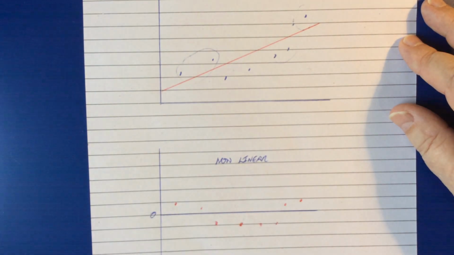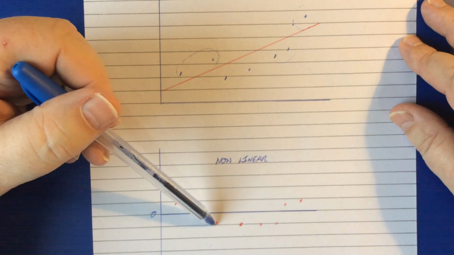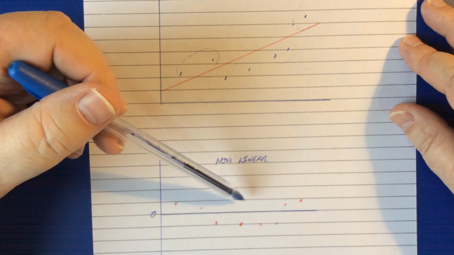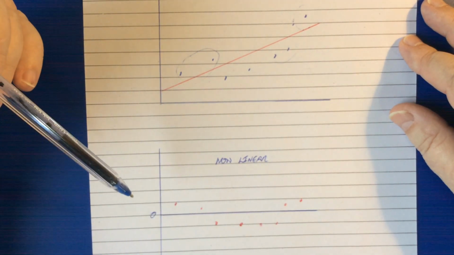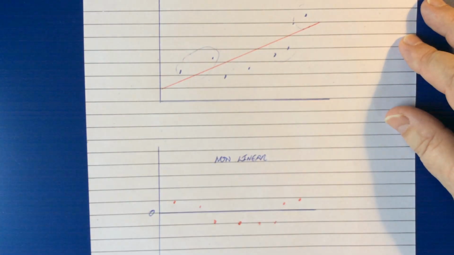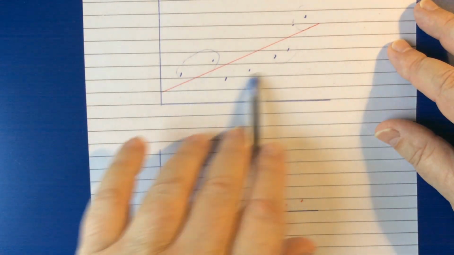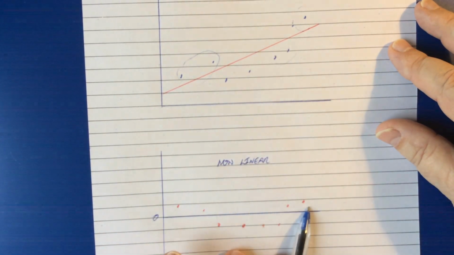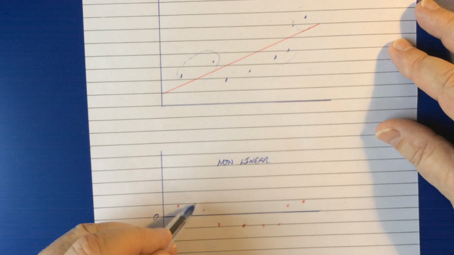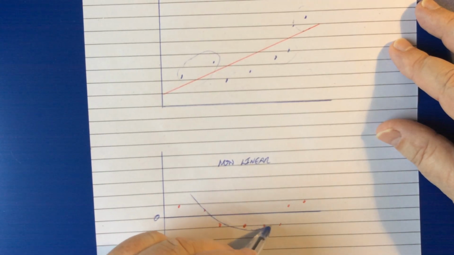Now, you'll remember that on the previous graph, I said that having an even sort of distribution is one of the things that you look for, but it's not the only thing. What becomes apparent when you graph the residual plot onto this graph is that you have a pattern, and it kind of looks like this.